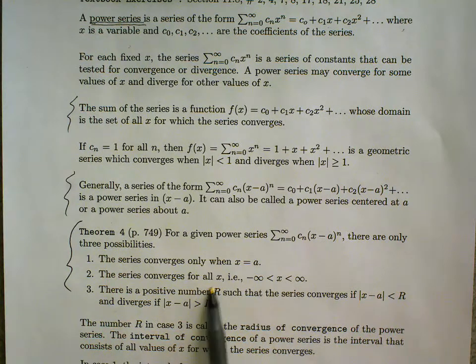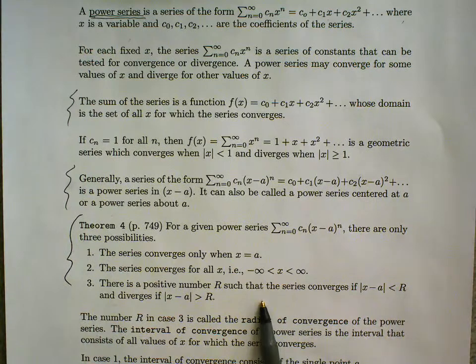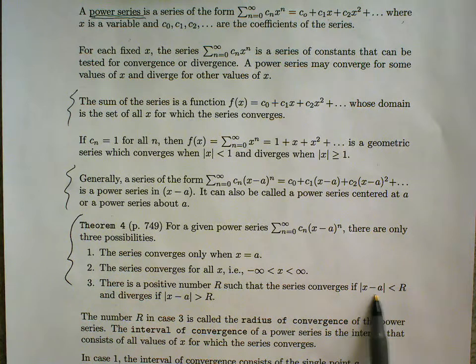A second possibility is that the series converges for all real numbers. And then a third possibility is that there is a positive number, capital R, such that the series converges if the absolute value of x minus a is less than R, and diverges if the absolute value of x minus a is greater than R.